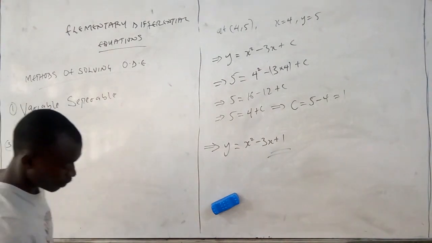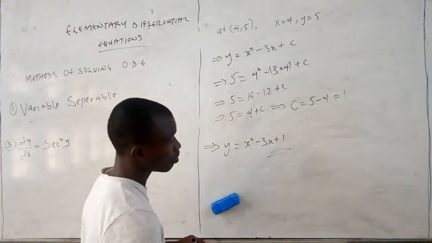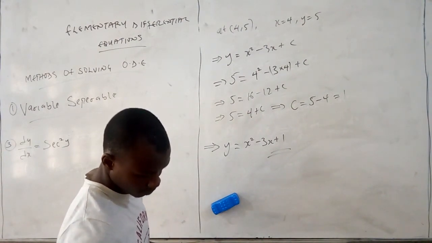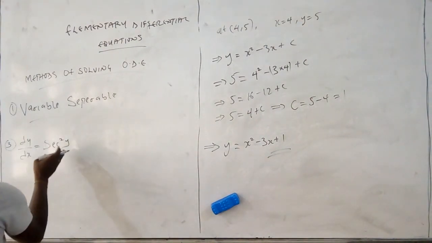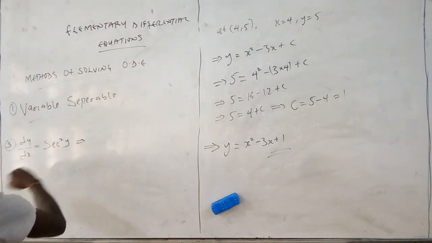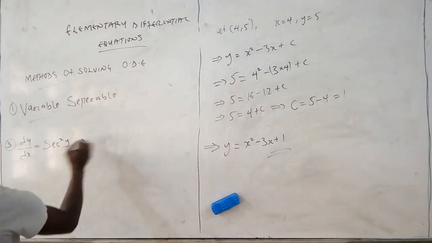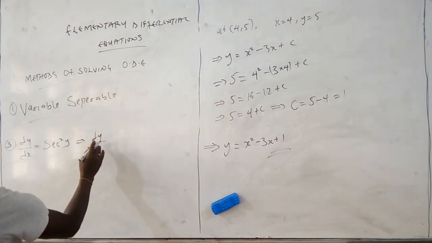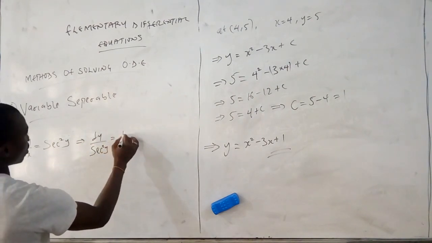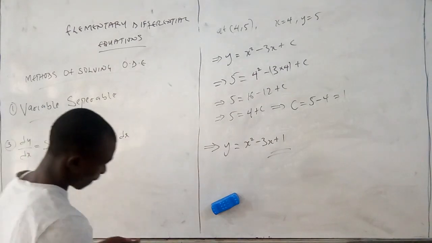This is a trigonometry function where sec square y is 1 over cos square y. So since this is y, it moves to the left hand side. So you have dy over sec square y is equal to dx.